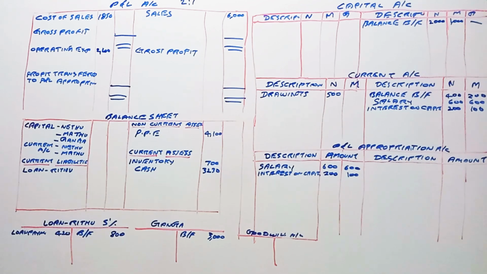And loan repayment for Ritu 420, which I have recorded here in the loan account. Drawings Nitu 500, and cash brought in by Ganga; I have opened an account and 3 million.